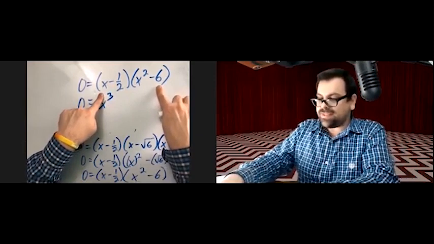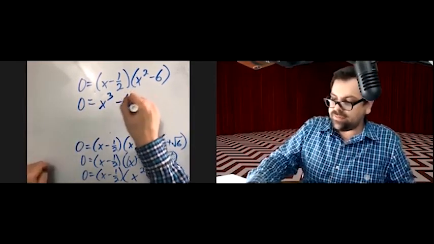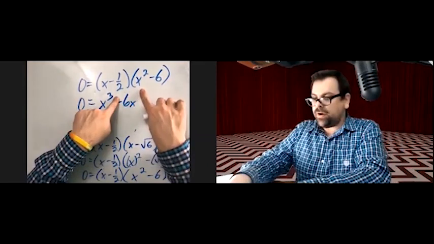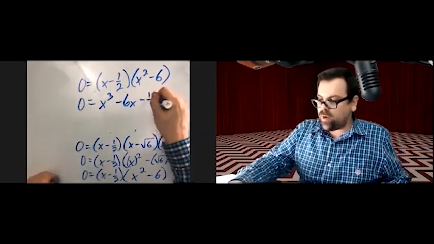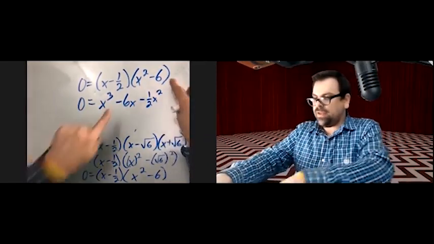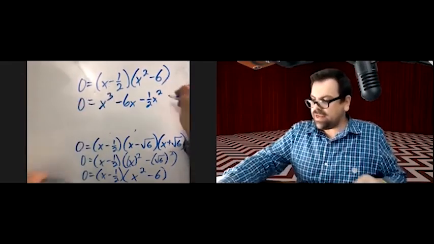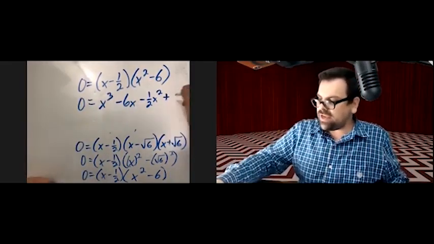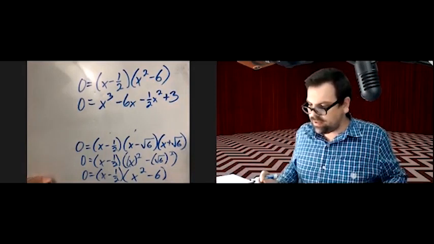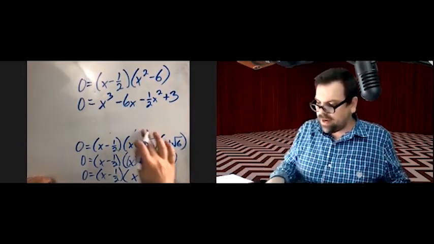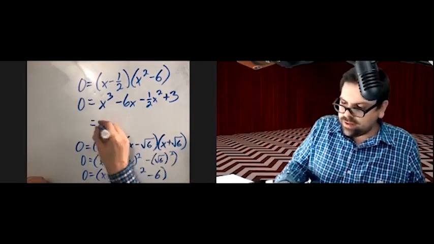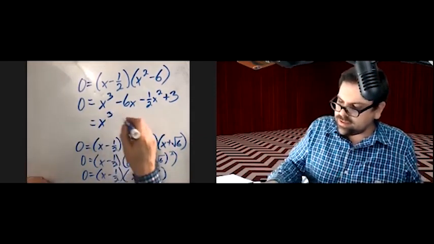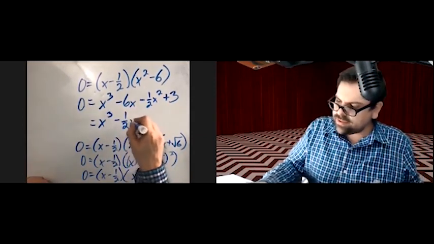Outer, x times negative 6, negative 6x. Inner, negative 1/2 x squared. Last, negative times negative is positive, 1/2 times 6 is 3. And then I'm going to go ahead and put it in decreasing power of x.